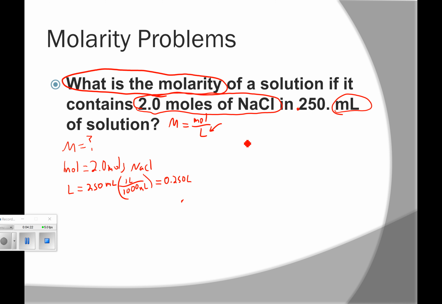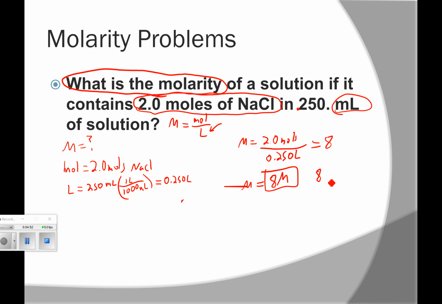So now that we have our 2 variables here, we can plug these in. So we have 2 moles over 0.250 liters of solution. And this gives us a molarity of 8 molar.